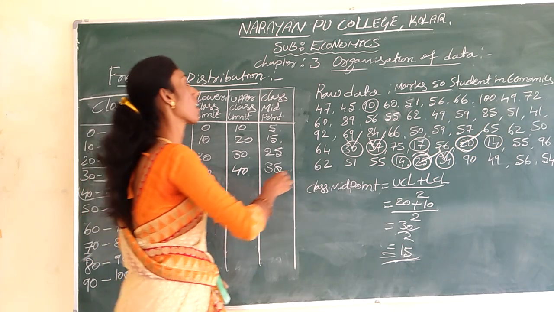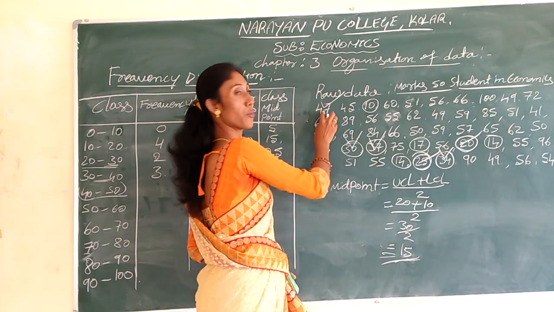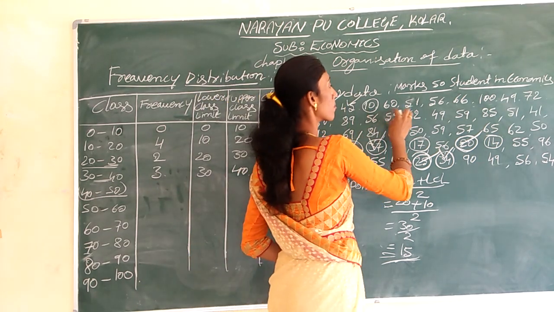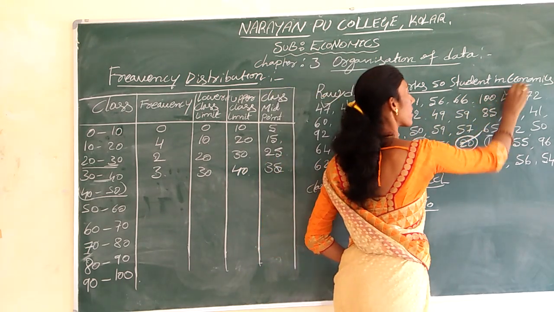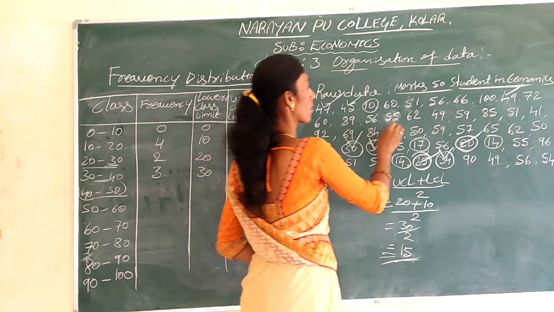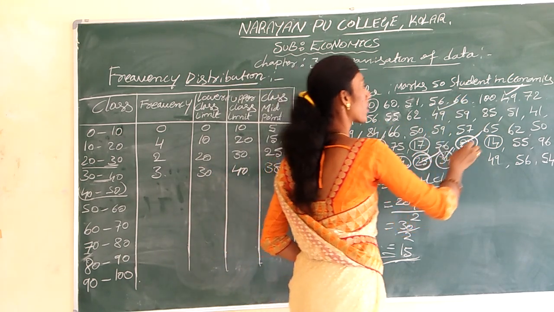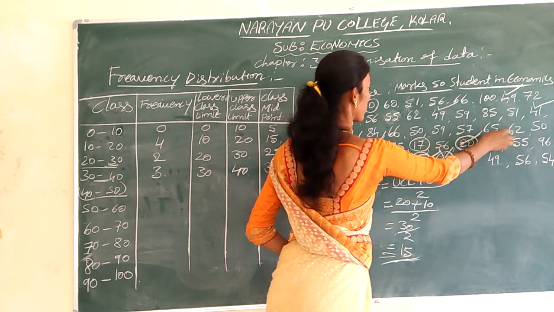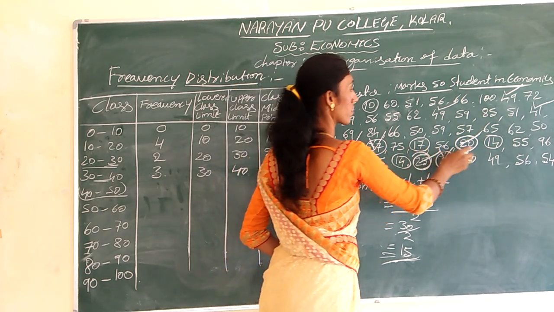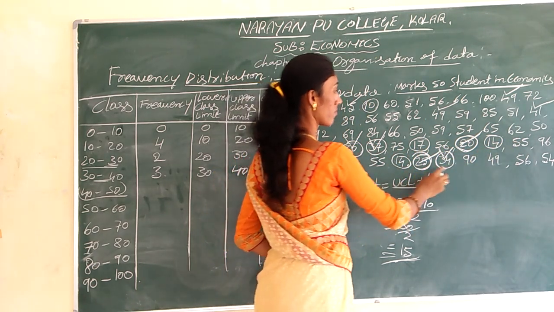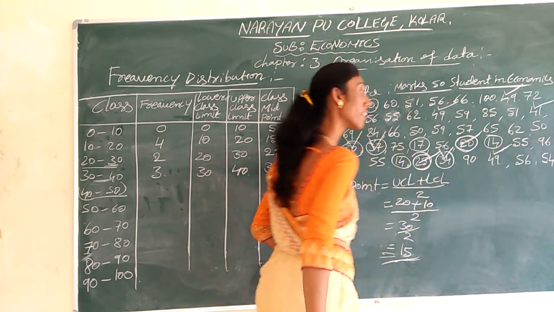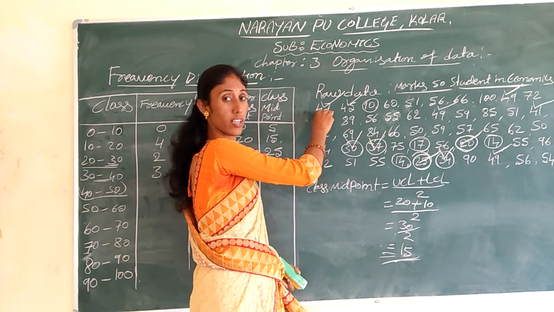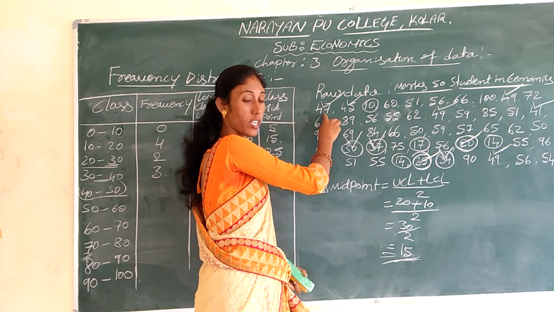Now, above 40 means one value, 47, 45, 49, again 49, one more, 41, and 49. Now we have identified the values between 40 to 50.